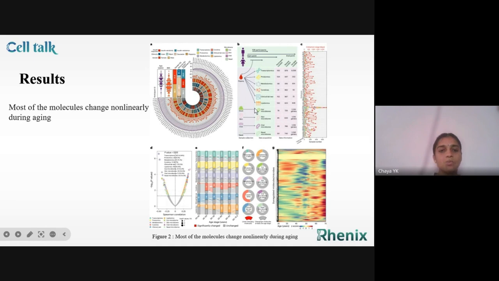The samples were analyzed for various omics data like transcriptomics, proteomics, etc. This is the flow chart. It illustrates how these samples were collected and processed over time, emphasizing the points where data collection began and ended for each omics type.